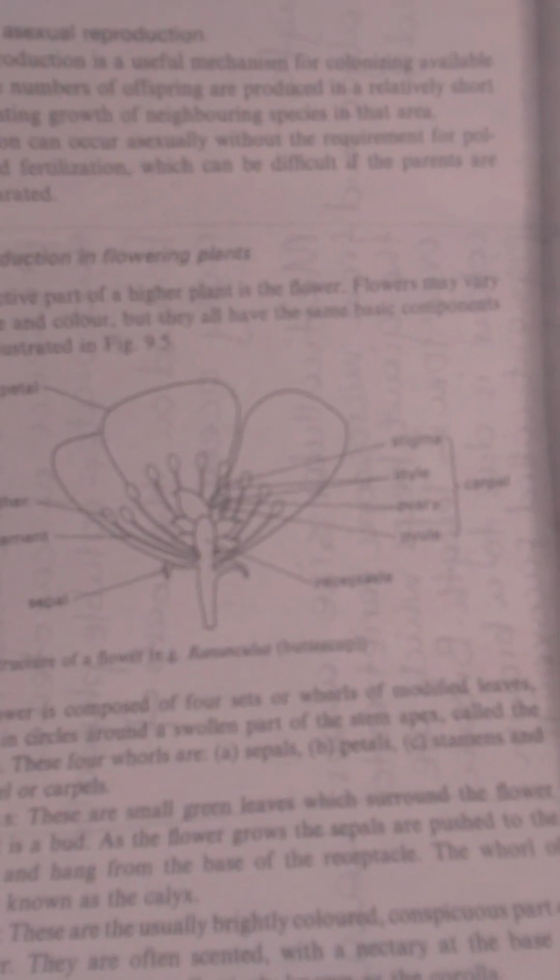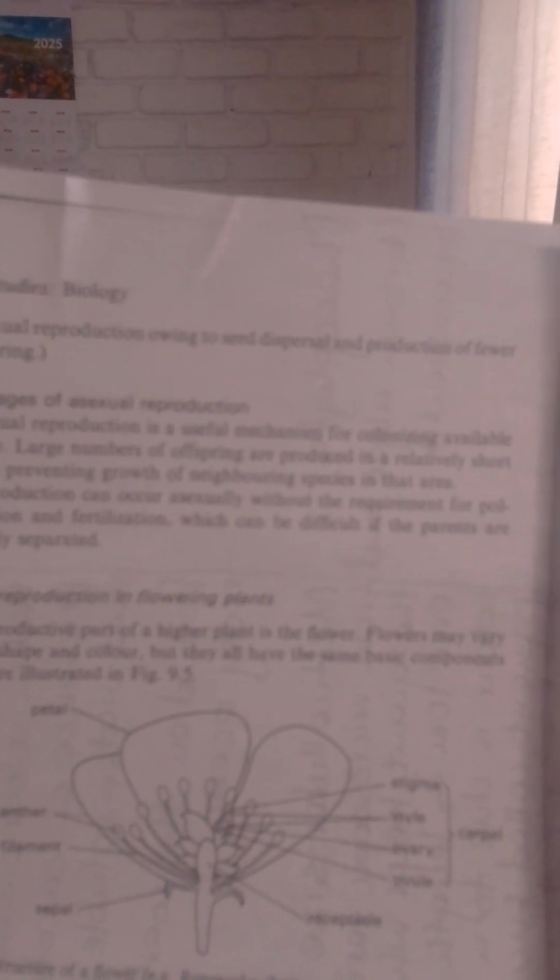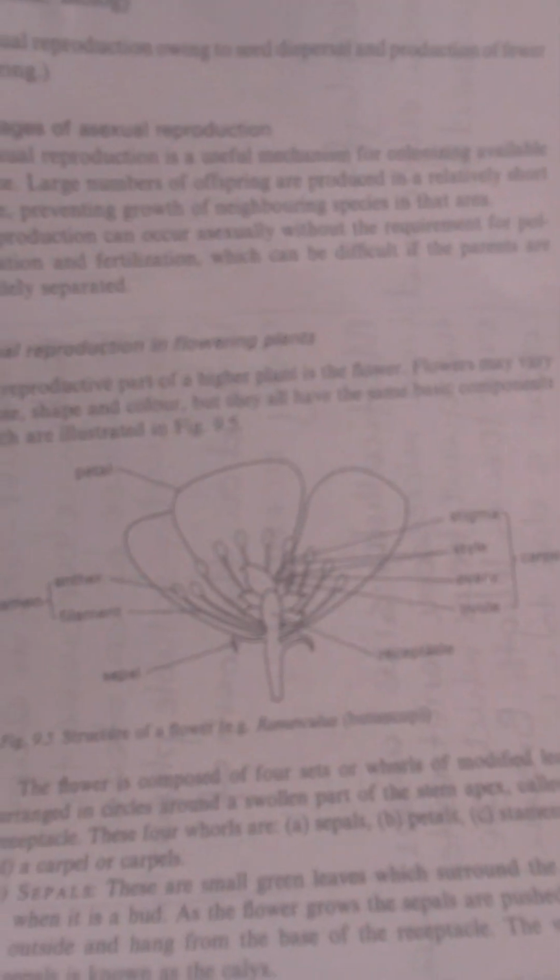Each stamen is composed of a stalk or filament bearing a swollen part at the tip called the anther, which contains pollen grains, which are the male gametes. Collectively, the stamens are known as the androecium.